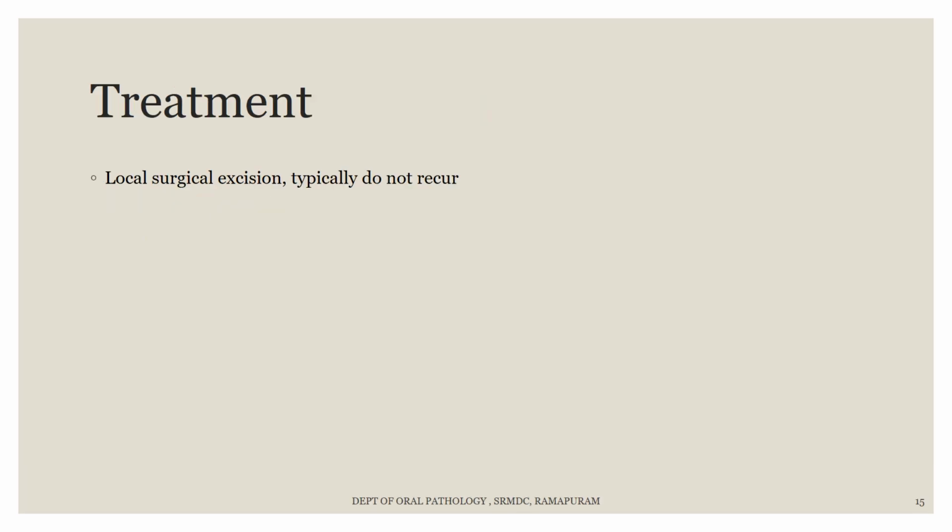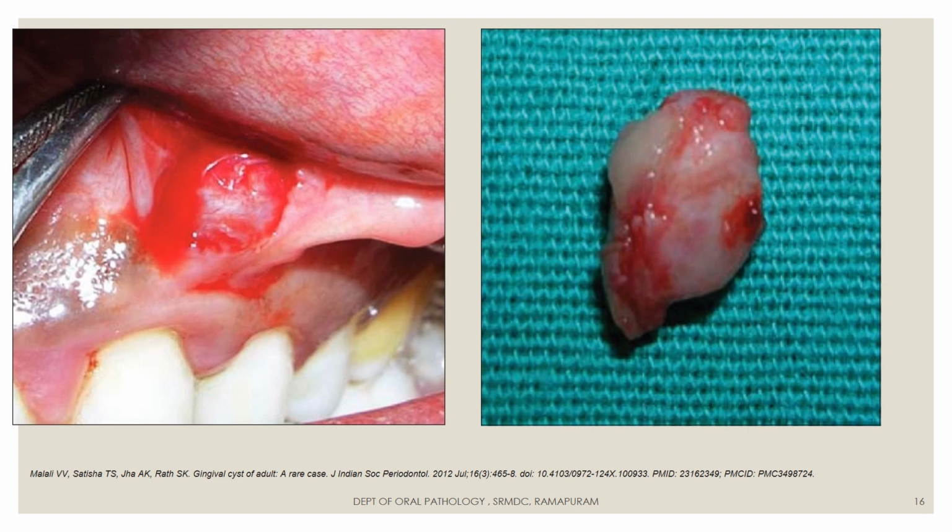The general treatment for the gingival cyst of adult includes local surgical excision, and they typically do not recur. So this is a case of surgical excision of the gingival cyst of adult.